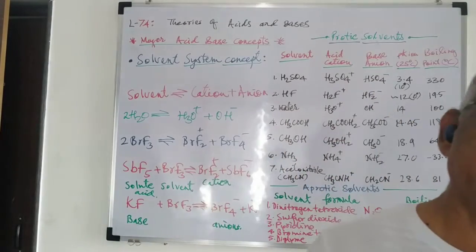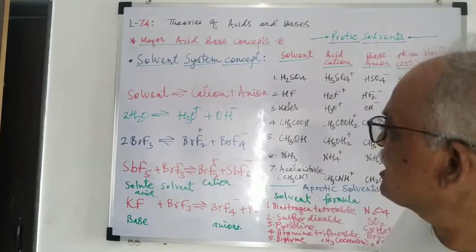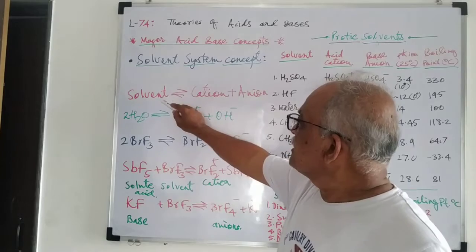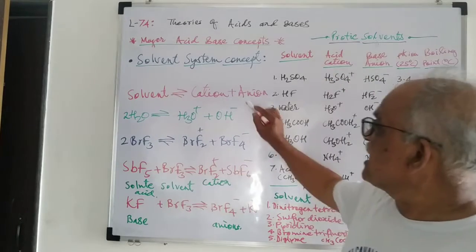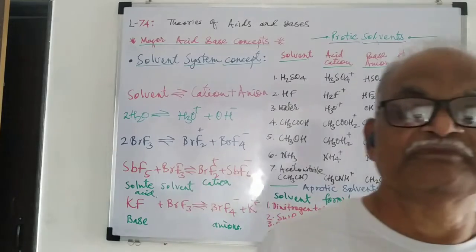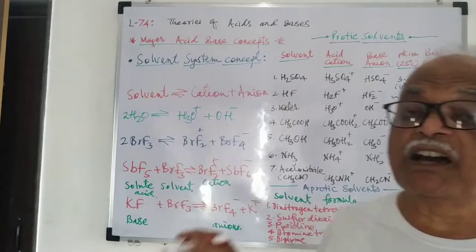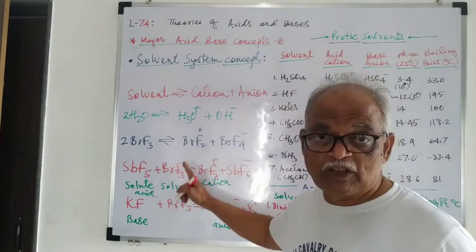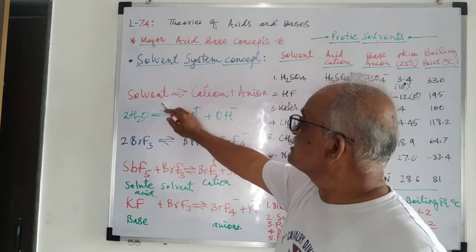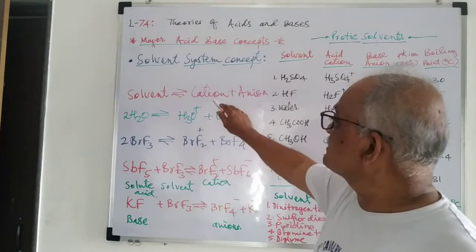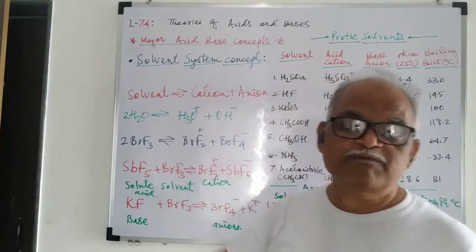The solvent system shows that the cation, that is the acid, reacts with the anion and gives a solvent. So this is the difference between the Arrhenius concept, the Lowry-Bronsted concept, and the solvent system concept.